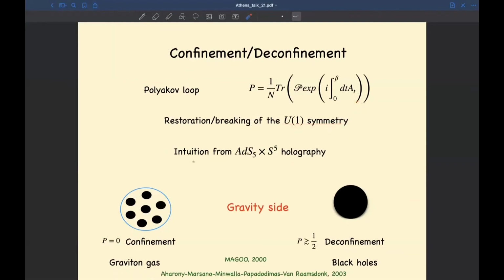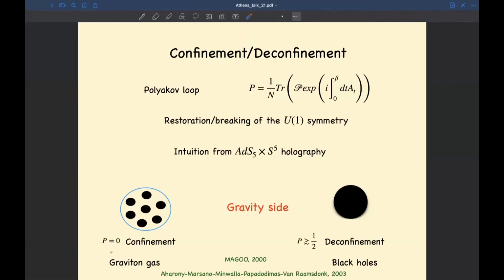And this is a very well established problem in AdS5 x S5 holography, which is discussed quite well in MAGOO. MAGOO is an acronym for Aharony, Maldacena, Ooguri, Oz, and Marsano, Minwalla, Papadodimas, and Van Raamsdonk, who also discuss this picture quite well.